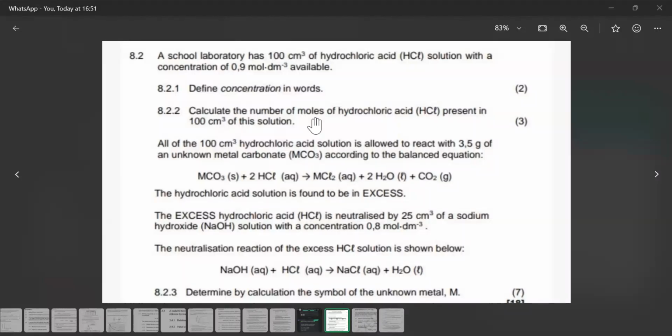The neutralization reaction of the excess hydrochloric acid solution is shown here. So we have 1 mole of sodium hydroxide reacting with 1 mole of hydrochloric acid in order to produce 1 mole of sodium chloride and 1 mole of water. Now the question is asking us to determine, by means of a calculation, the symbol of the unknown metal, M.